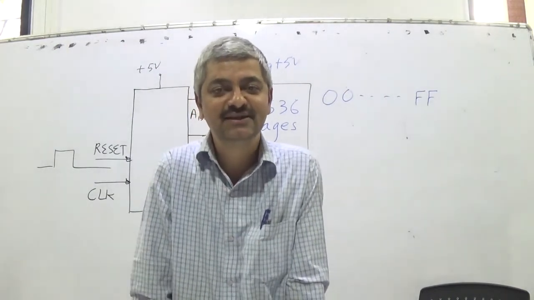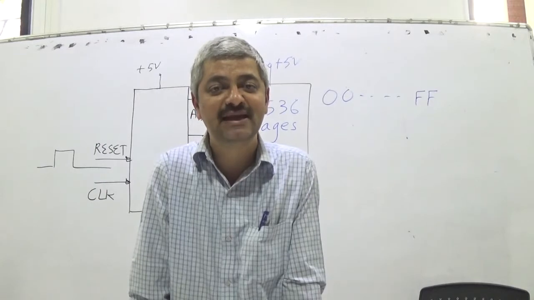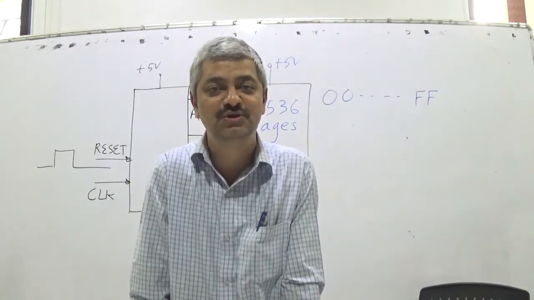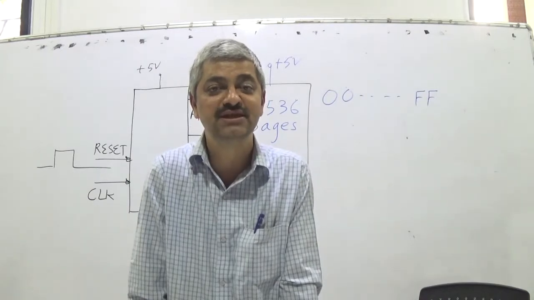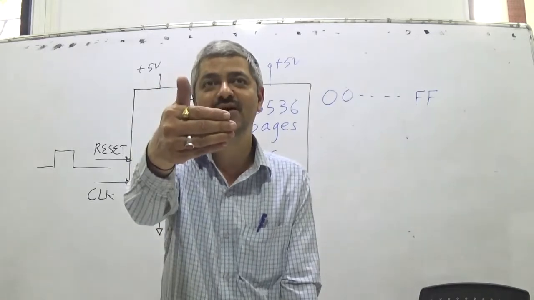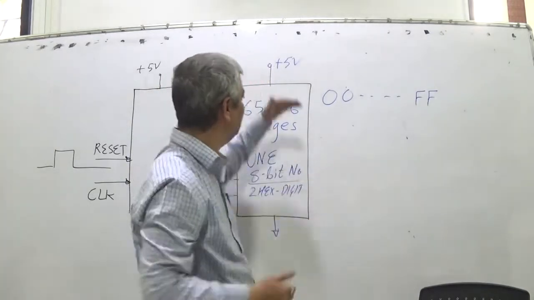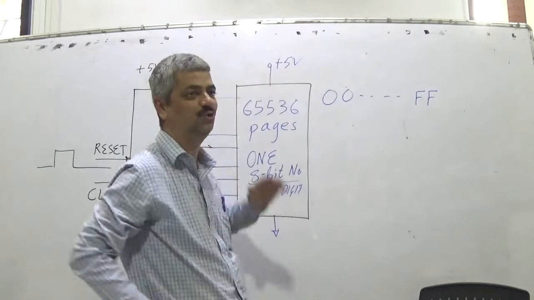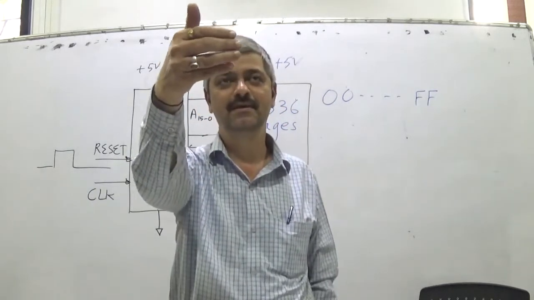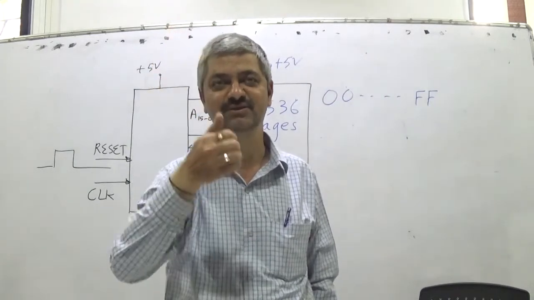I think there is no need to explain the meaning of NOP, because you students normally do it: don't do anything, just kill time. So I read location 0. If in this memory at all locations 00 is stored, what will happen? I read location 0, I get the number 00.